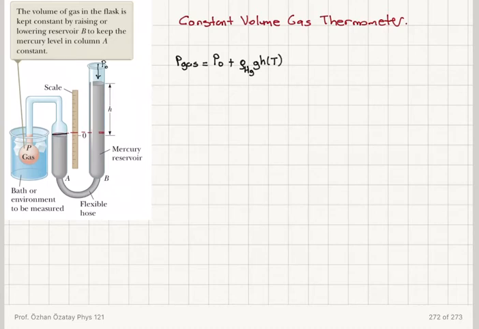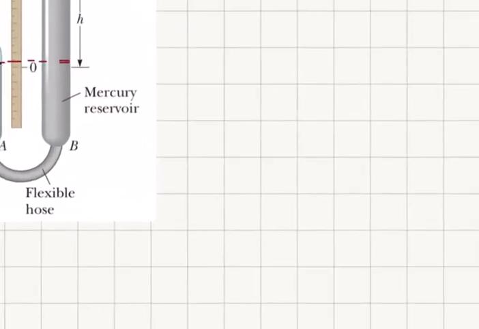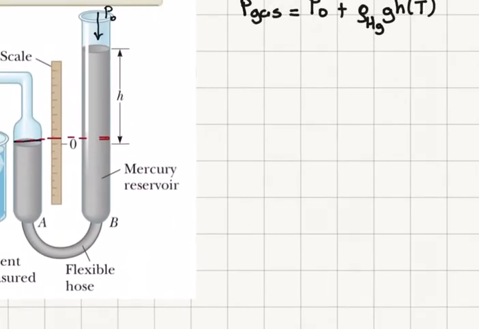So it will be the density of the mercury, g, h, which depends on temperature. So the density is mass per volume, and h will get rid of the volume, it will give you an area, so it's mg per area, that's the additional pressure due to mercury.